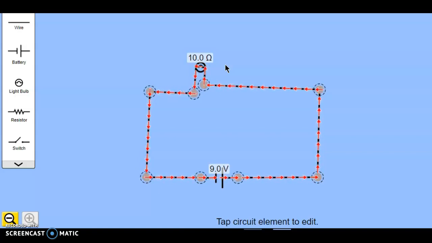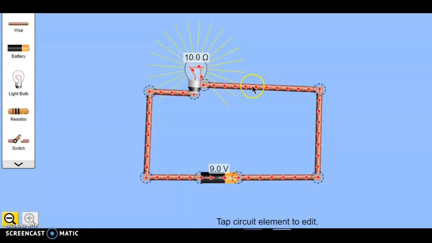The principal difference between a plain resistor and a light bulb is that a light bulb uses some of the energy dissipated through the resistance to produce light. So as long as we see the light bulb, that means we have a resistor, and it's based on Ohm's law, what we saw previously, V equals IR.